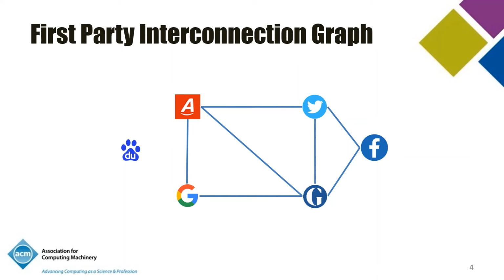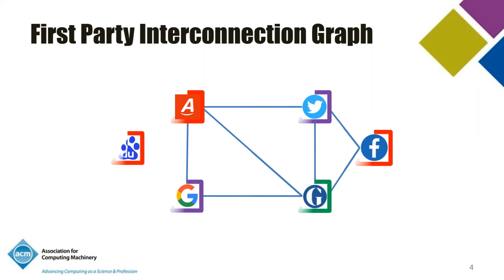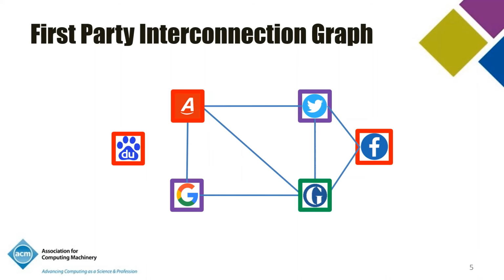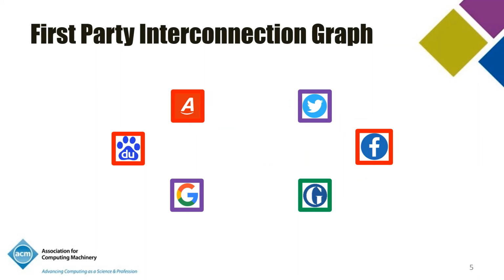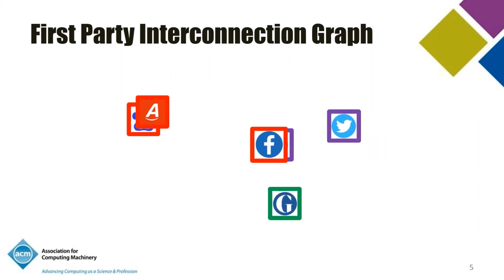So if there is an edge in the first-party interconnection graph, we need to place them into different containers. That's the way we color this graph. And based on the coloring, we should place the same colored websites into the same container.